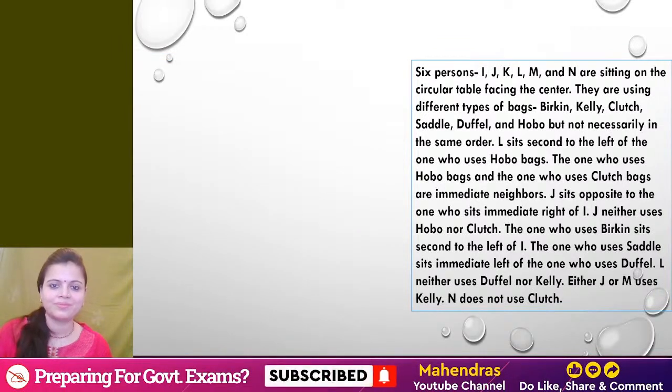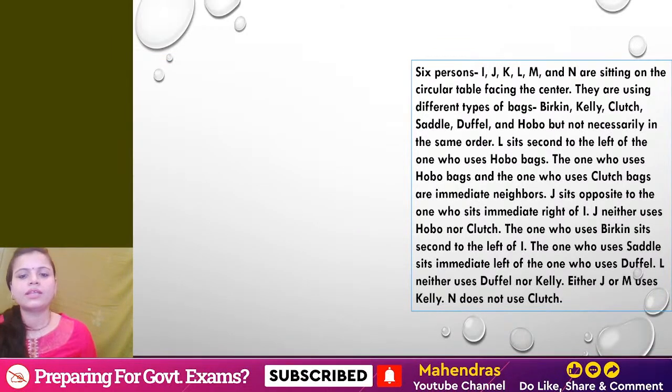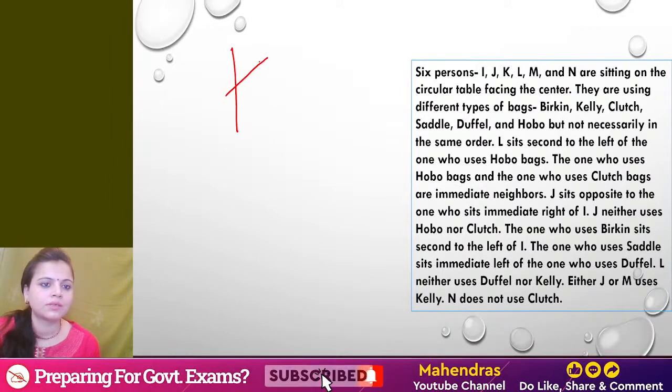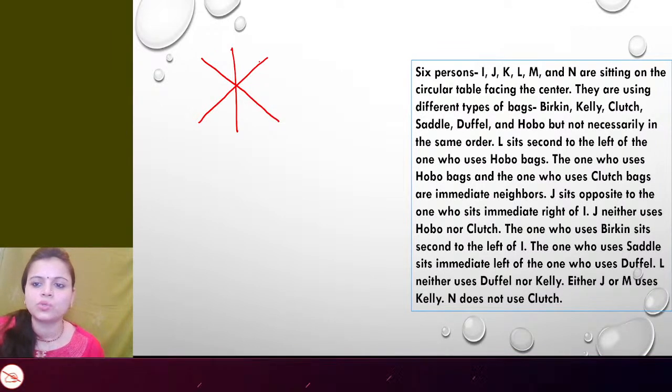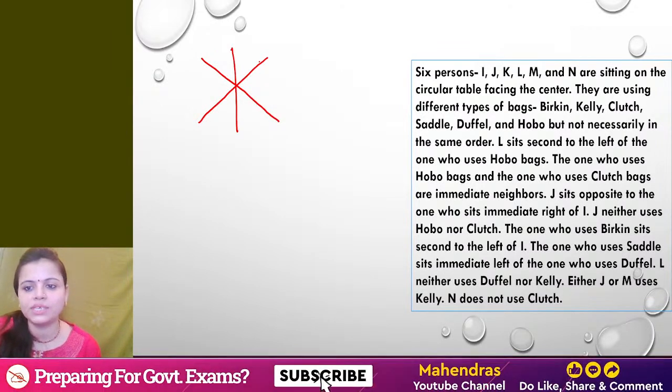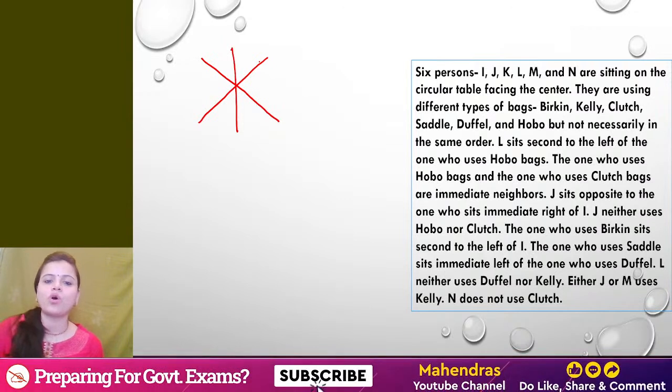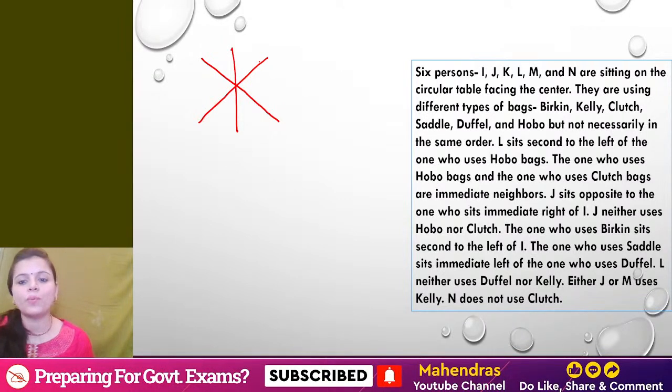Let's start. Okay, so 6 persons. They are facing the center. So we have only 6 persons. They are using different types of bags: Birkin, Kelly, clutch, saddle, duffel, hobo, but not necessarily in the same order. L sits second to the left of the one who uses hobo bag.